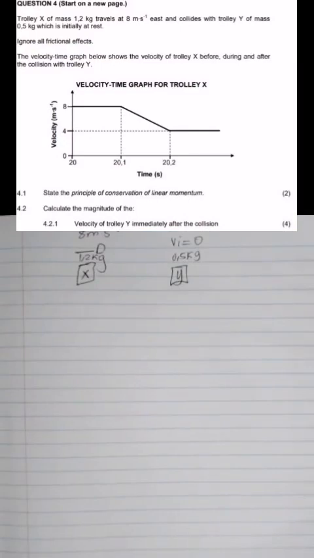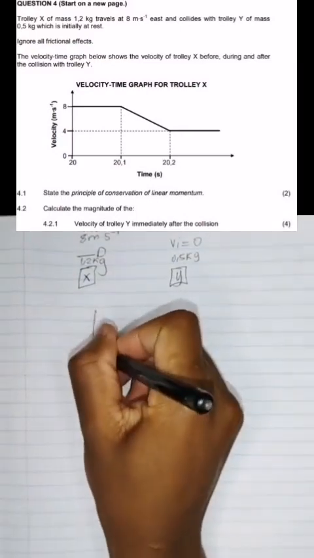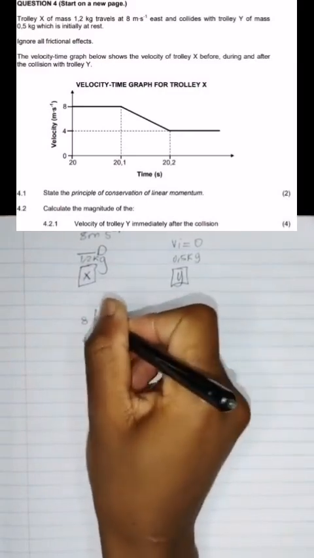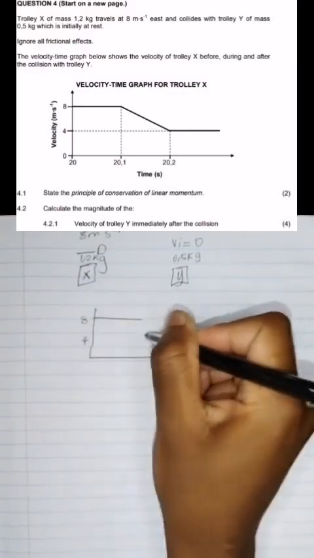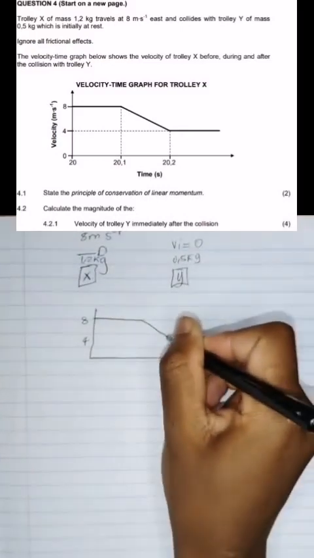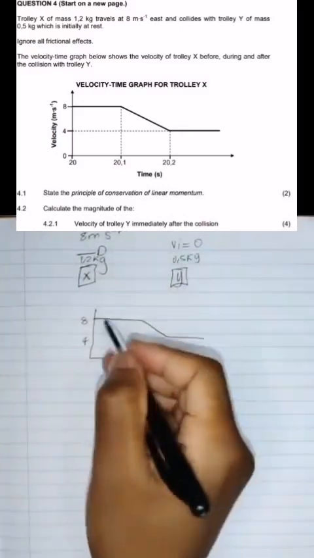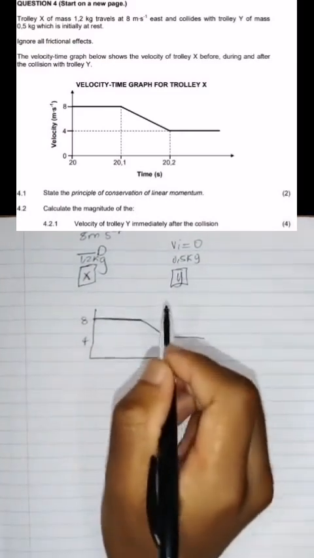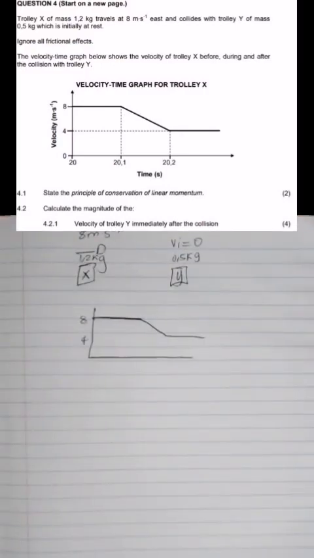What else was given? On the graph, we can see the velocity is 8 and 4. The graph goes like this: we have 8 here and we have 4. At this part, it's initial, it's moving normally, before the collision; the collision hasn't occurred yet.